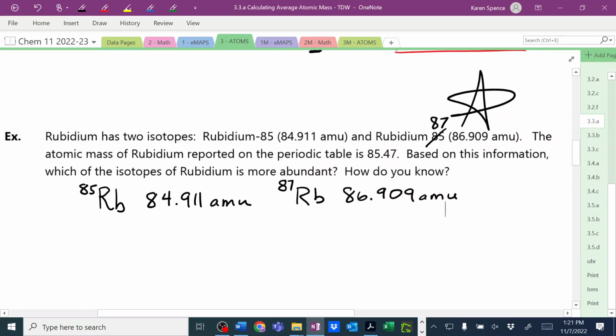Oh, actually, this is a different question altogether. This isn't just finding the mass. It says, based on this information, which of the isotopes of rubidium is more abundant? Do we remember what abundant means? How much there is. Which one has more stuff?